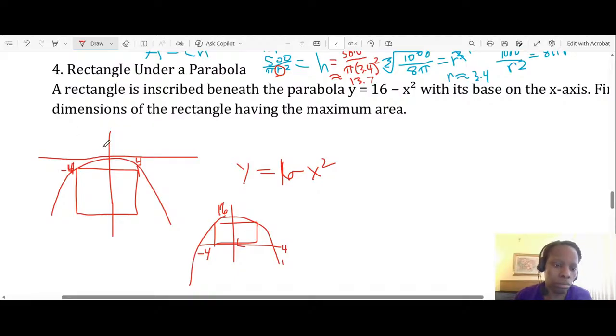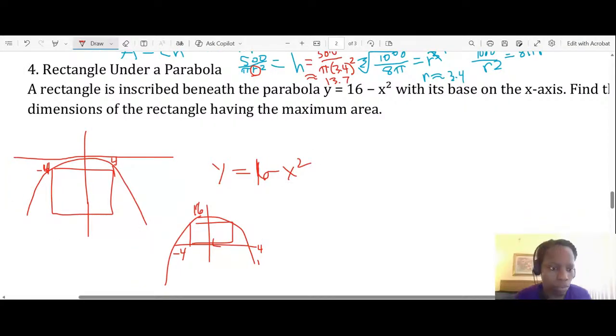Okay. So we want to find the dimensions of the rectangle having the maximum area. So basically, what is this and this? That's going to maximize area. So we're going to get x and x here.